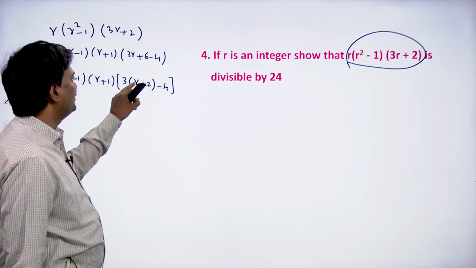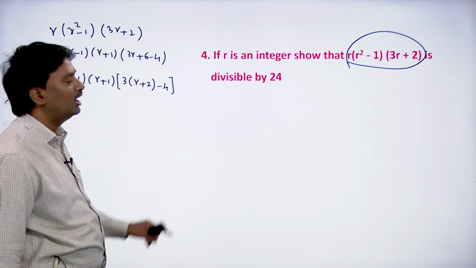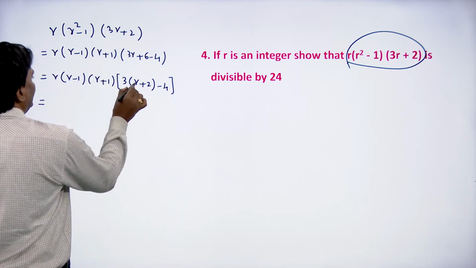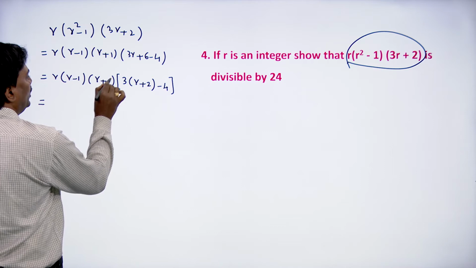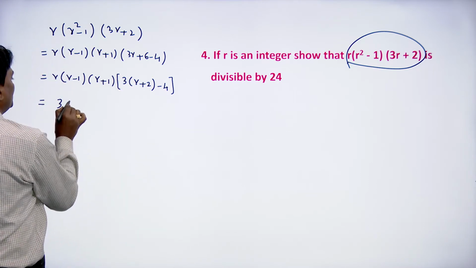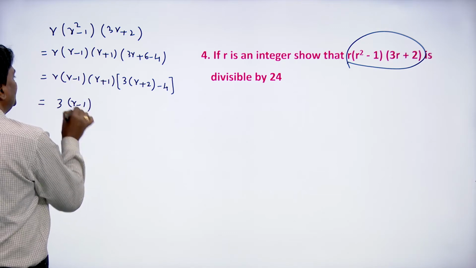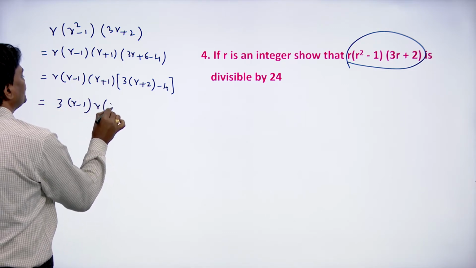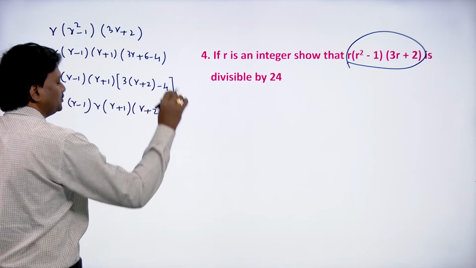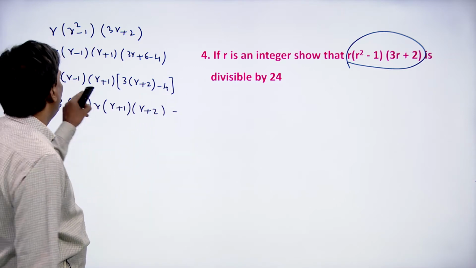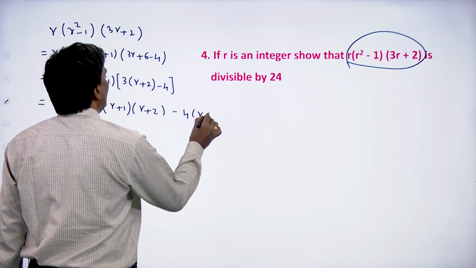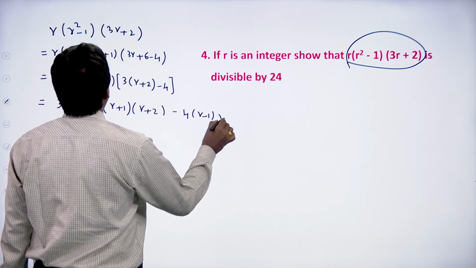By separating, you will get 3 into r minus 1 into r into r plus 1 into r plus 2, minus 4 into r minus 1 into r into r plus 1.